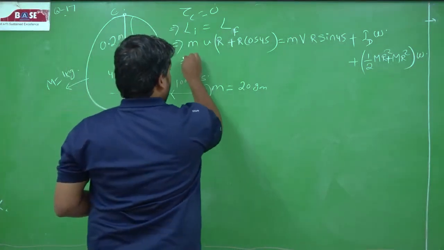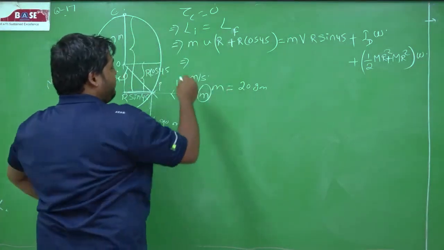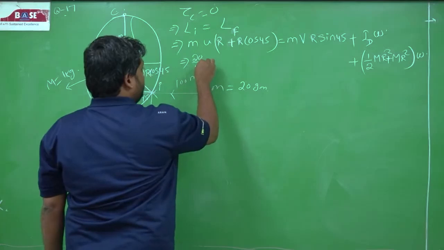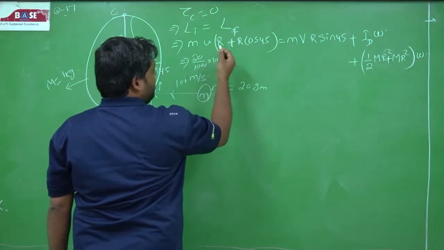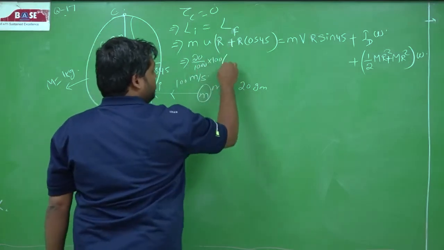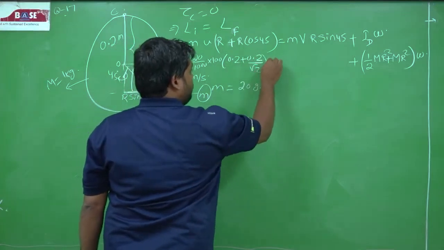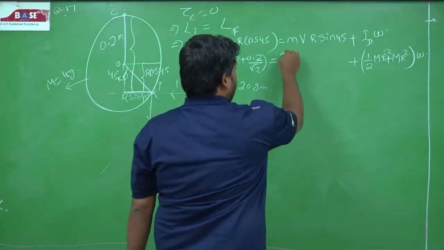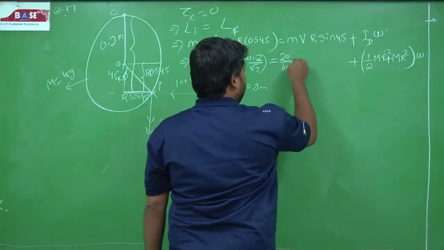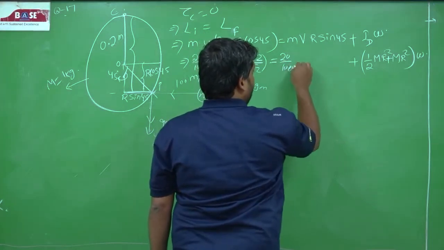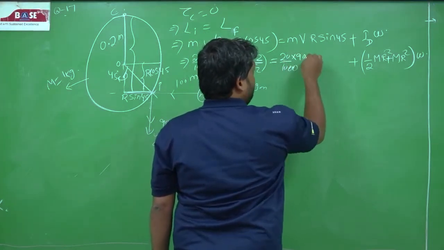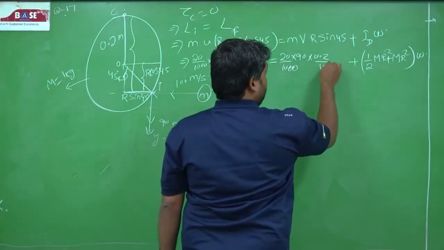Now if I write these values, that m will be 20 by 1000, velocity is 100, initial one, this one is 0.2 plus 0.2 by root 2 equal to, then this one will be again 20 by 1000, multiplied with v will be 90, again 0.2 by root 2.